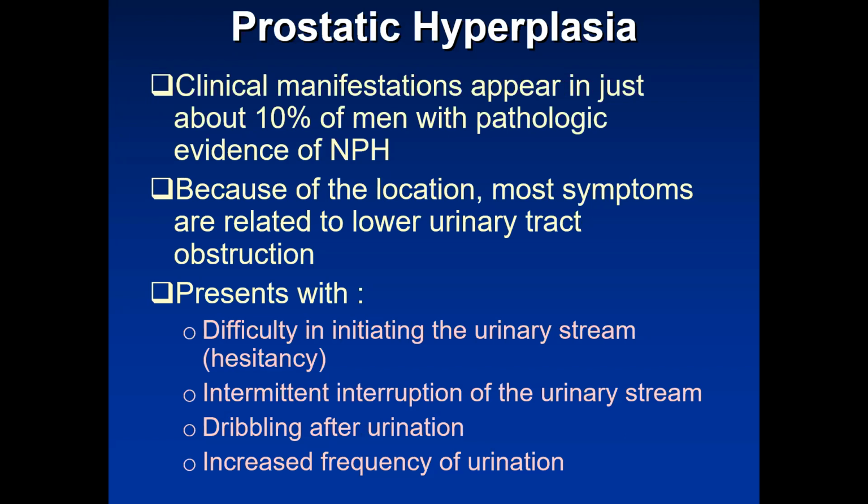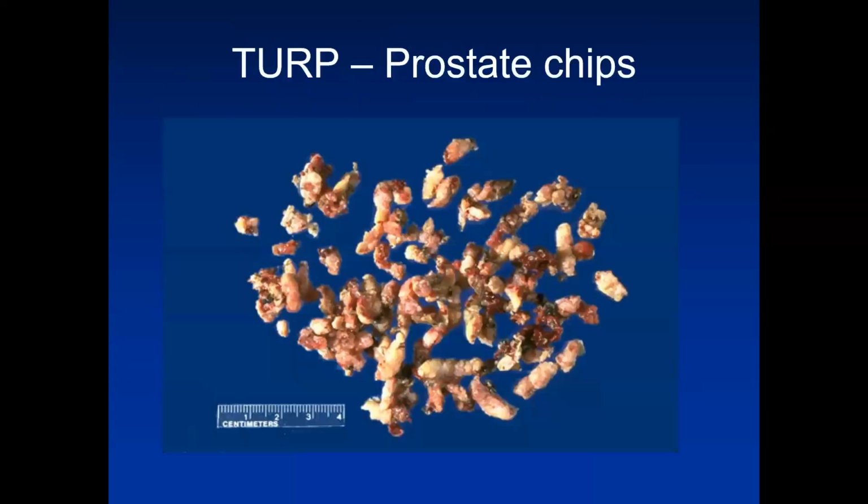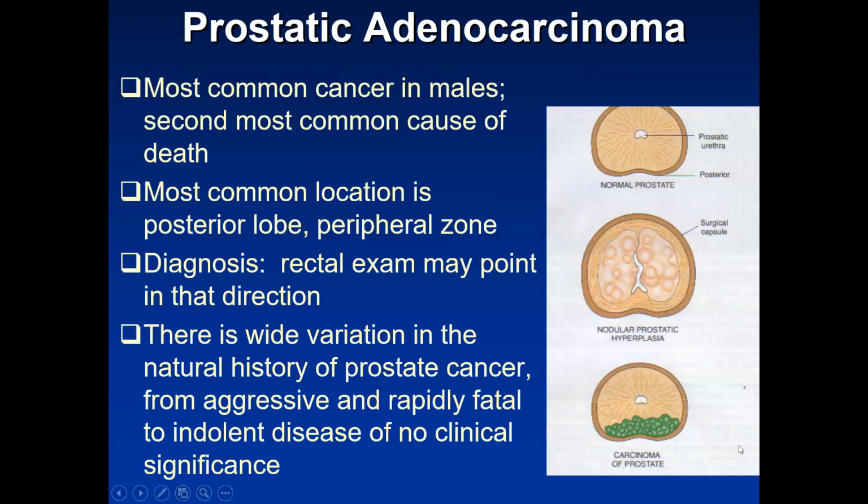All right, so clinical manifestation: only about 10% of males with histologic evidence of BPH go on to develop symptoms of the disease. Now, where does it happen in the prostate? It happens in the area around the urethra, what you call the prostatic urethra region.